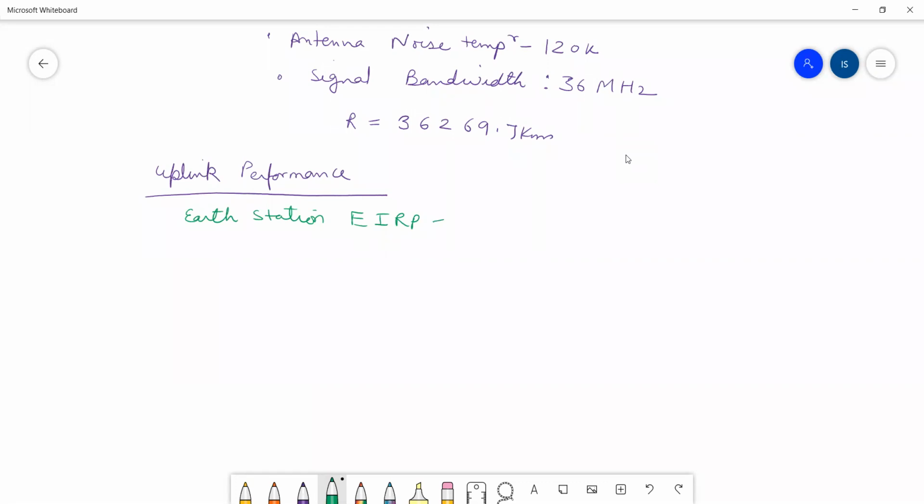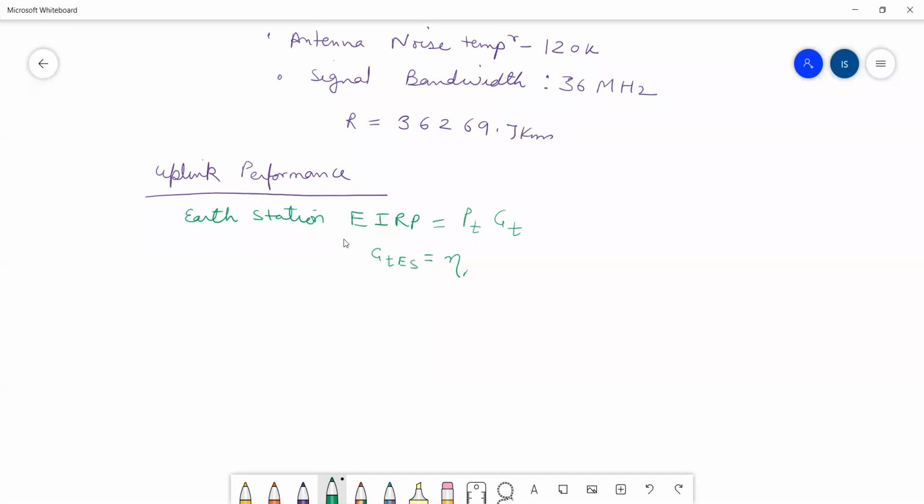EIRP is PT into GT. Okay. So PT into GT is EIRP. Okay. So we have to calculate PT into GT first. The first is GT. So GT of the earth station we have to calculate.